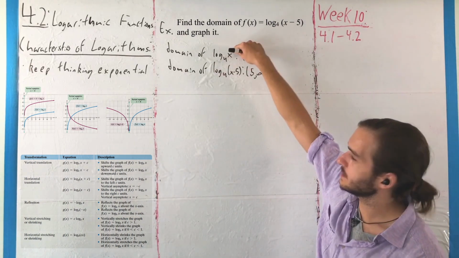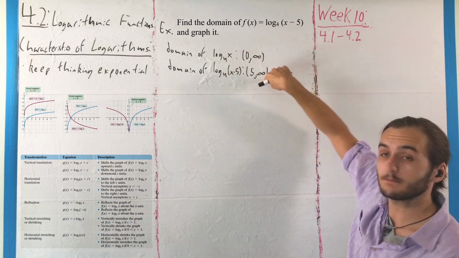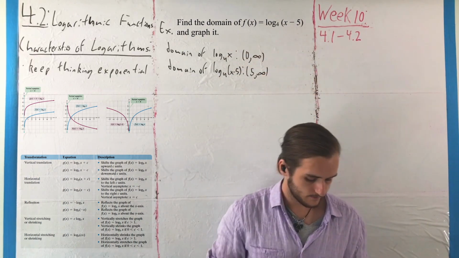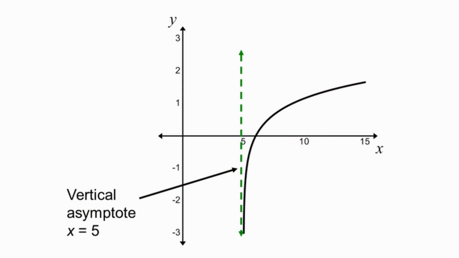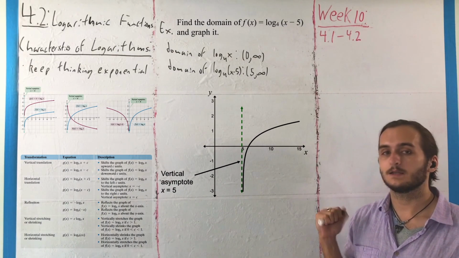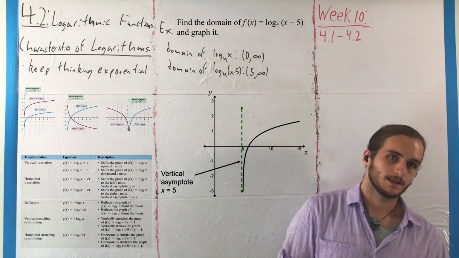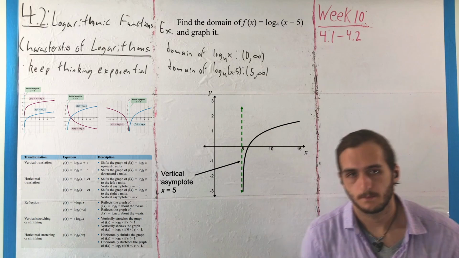We needed this to be bigger than 0. That means we need that to be bigger than 0. So that ends up being our domain. And accordingly, if we wanted to graph that, we would end up with a picture something like so, which is just our general logarithmic graph pulled to the right to start 5 units late, with, importantly, that vertical asymptote.